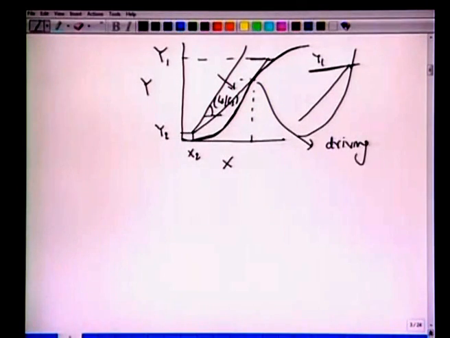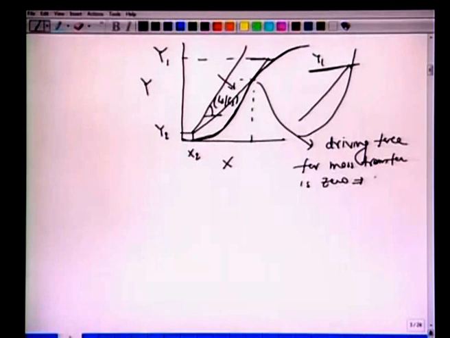Driving force for mass transfer is 0 here. What we call this is a pinch, so the pinch occurs here rather than here.